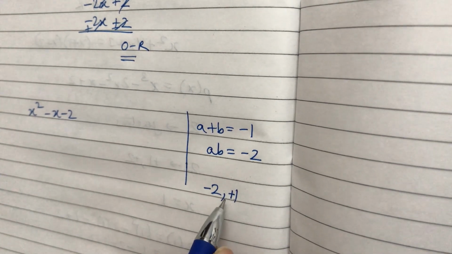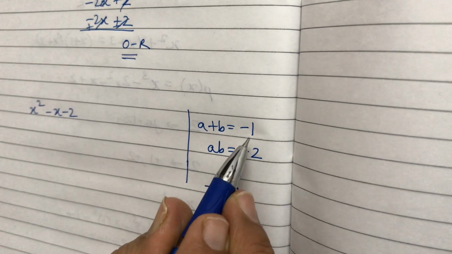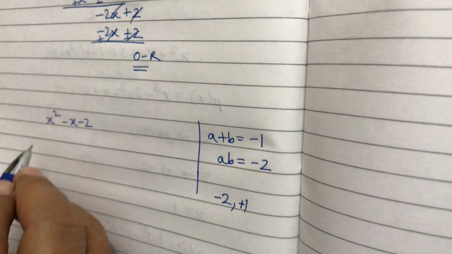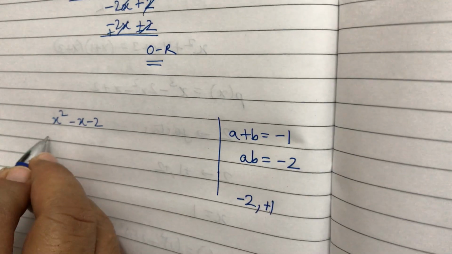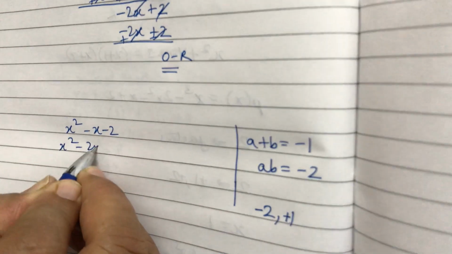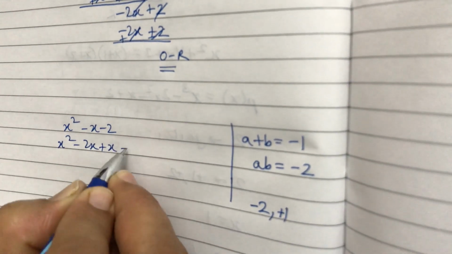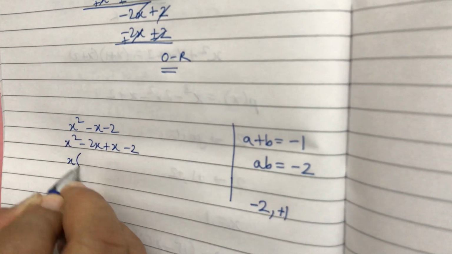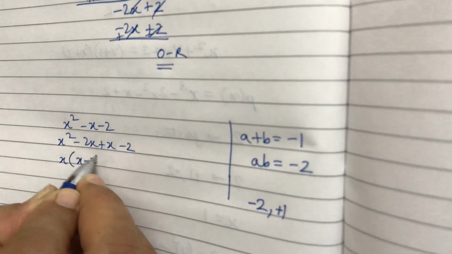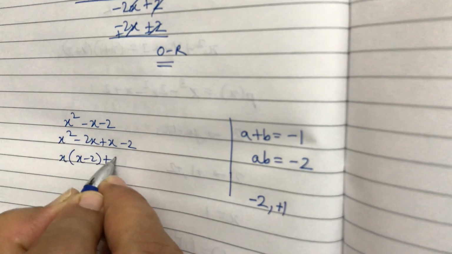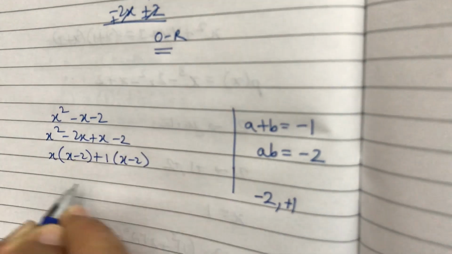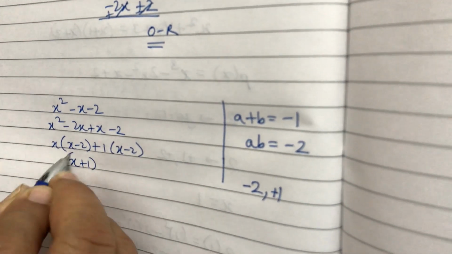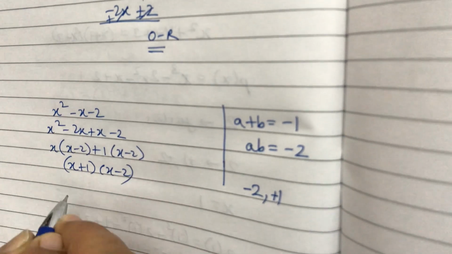Negative 2 plus positive 1 is negative 1. We split using these signs. This is x square minus 2x plus x minus 2. x is common, x minus 2 plus 1 is common, x minus 2. So this is x plus 1 into x minus 2.